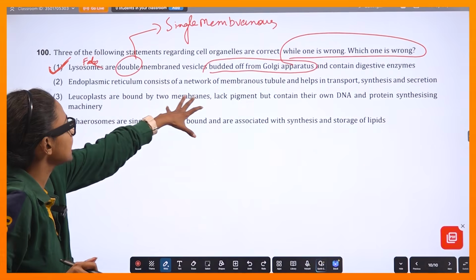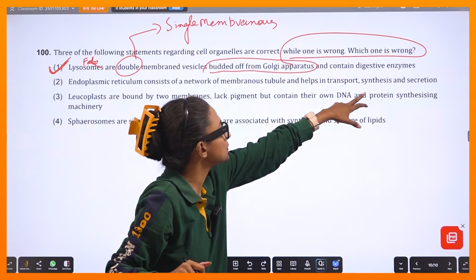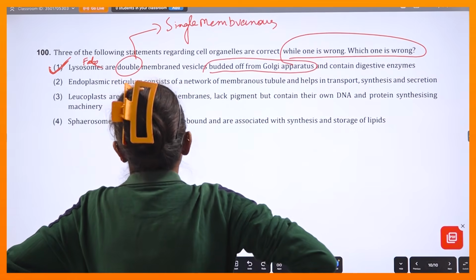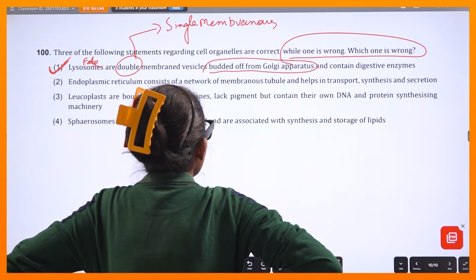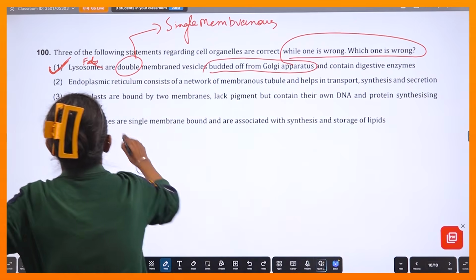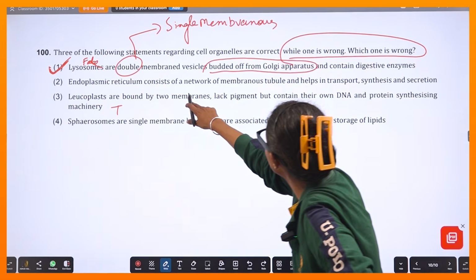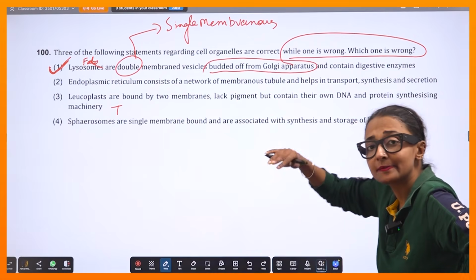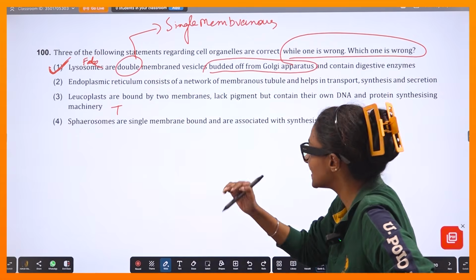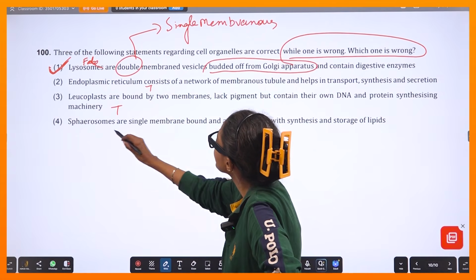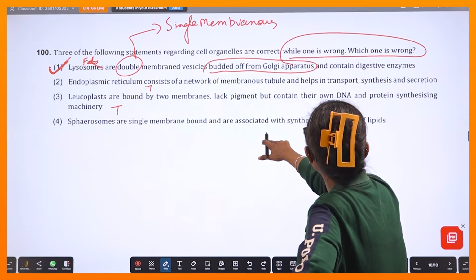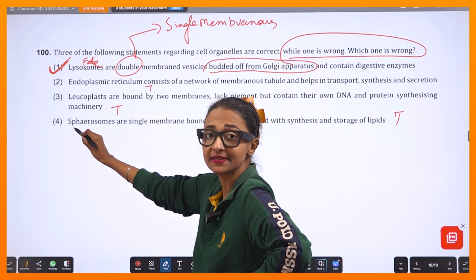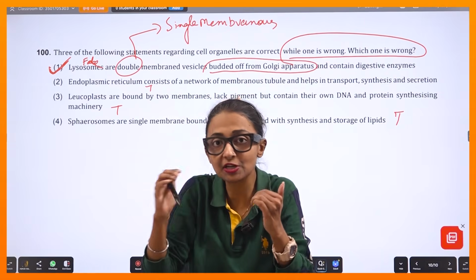Okay, endoplasmic reticulum, membranes, tubules, transport, synthesis and secretion. Yes. Leucoplasts have two membranes, lack pigment but contain their own DNA. Here endoplasmic reticulum means they are talking about both rough as well as smooth. Spherosomes are single membrane bound and associated with synthesis and storage of lipids. Yeah, this is the last line of NCERT, where the chapter ends.